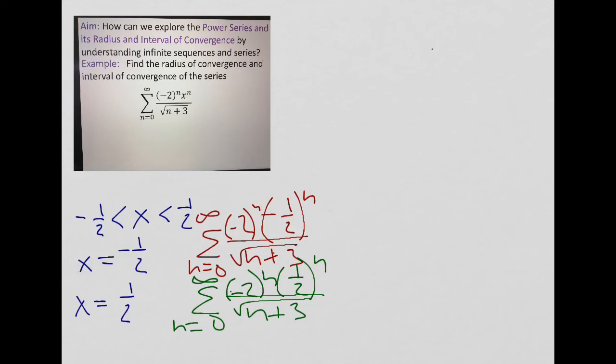So let's take a look at what we have in our series. First thing we're going to do is look at your numerator. They're both to the nth power. I can multiply -2 with a -1/2, and that's going to be 1 to the n. So no matter what n is, my numerator is just going to be 1. And we have this expression here.